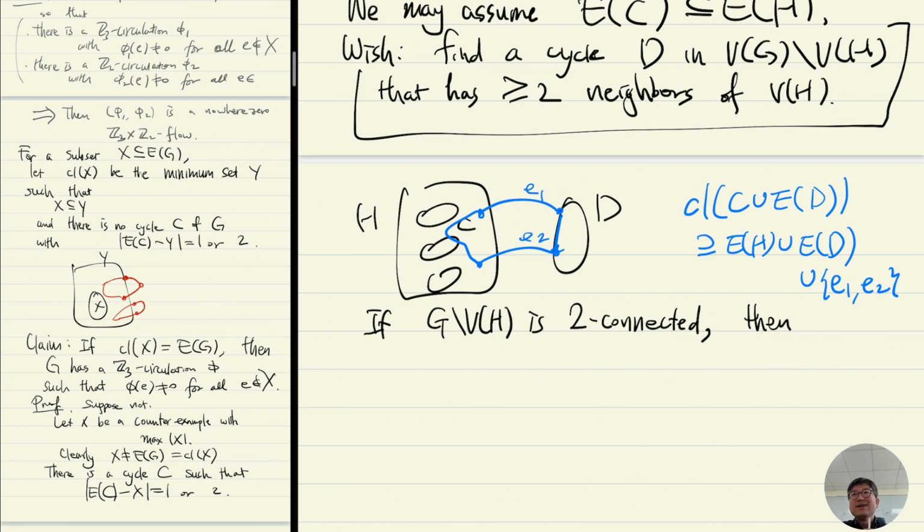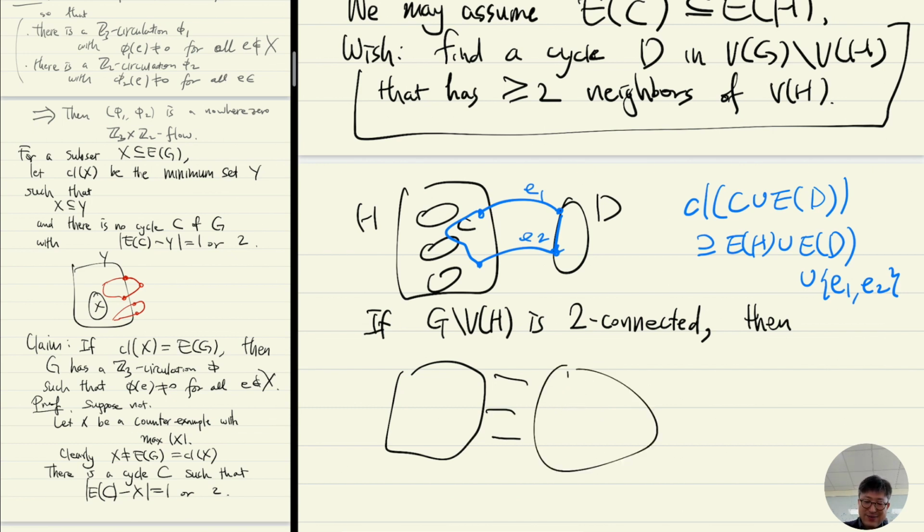Outside is 2-connected. And the graph itself is connected, actually 3-connected. So what does that mean? The graph is 3-connected, so you must have at least 3 edges crossing between V of H and its complement. I can always find 2 vertices.